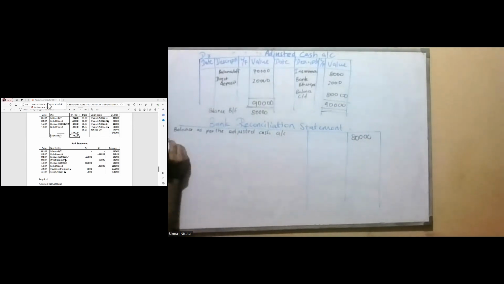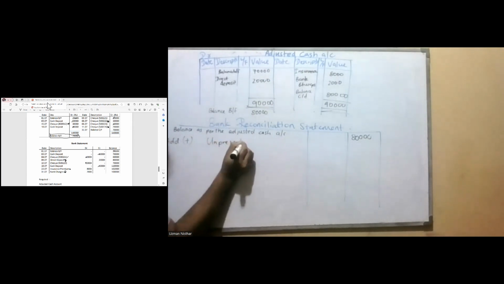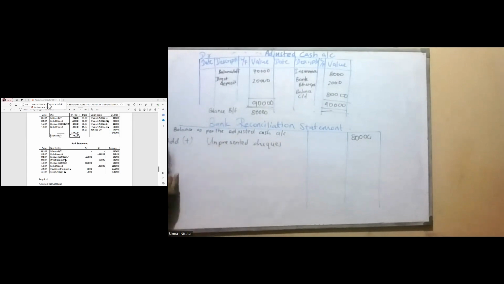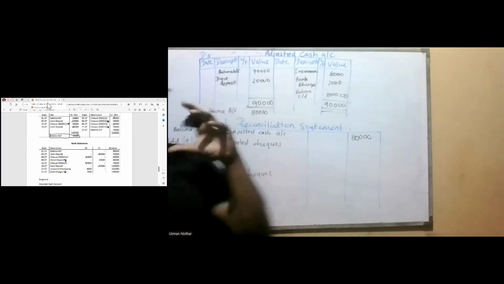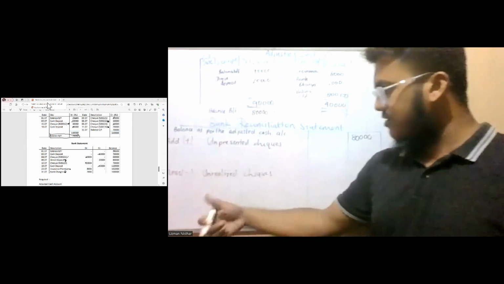And then we have to add unpresented checks, and then less unrealized checks. So we should check whether we have these transactions. If we don't have them, we just ignore them.